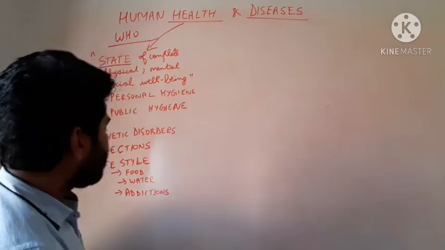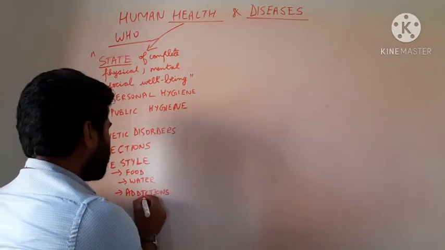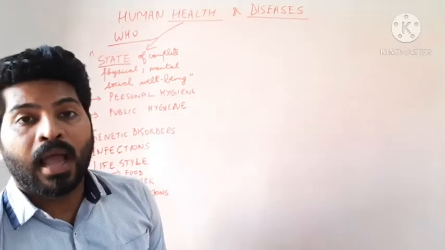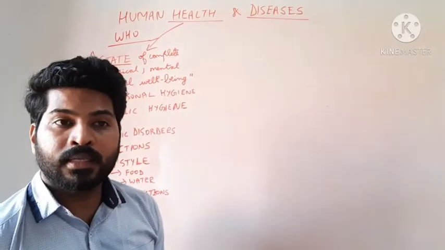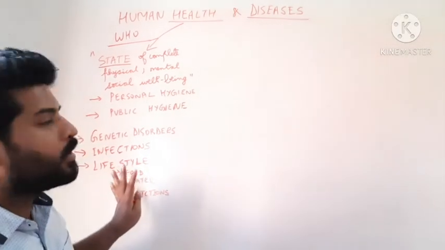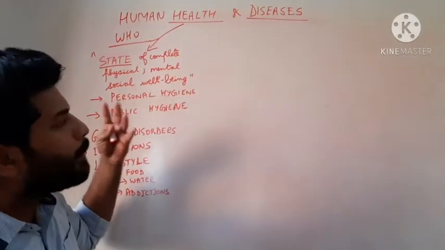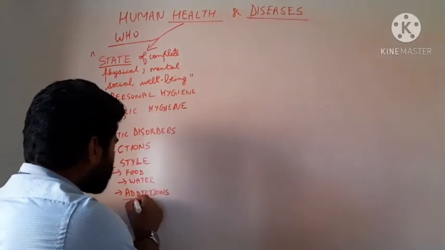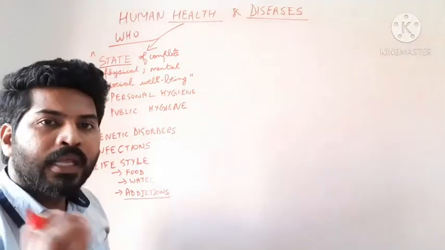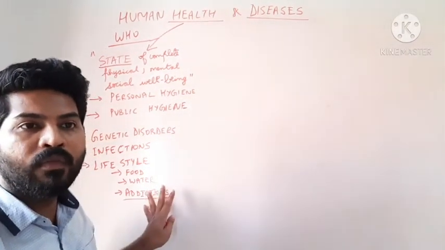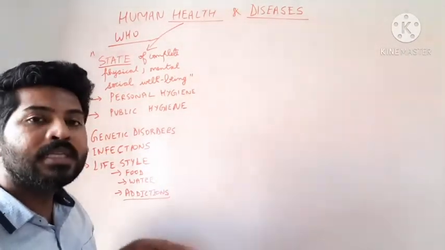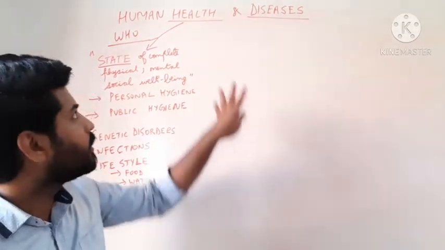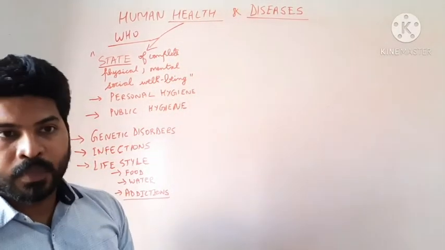So if somebody is addicted to smoking, alcohol or drugs, they may not be physically or mentally healthy. So about this also we will touch upon briefly at the end of the lesson how various addictions affect one's health.